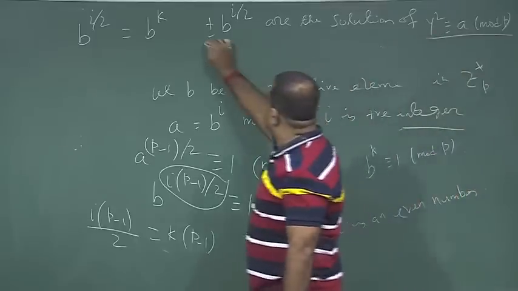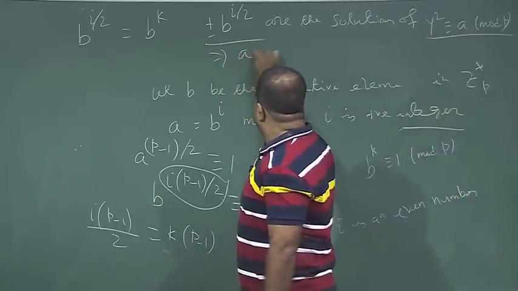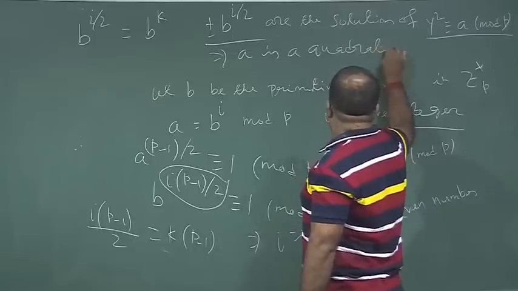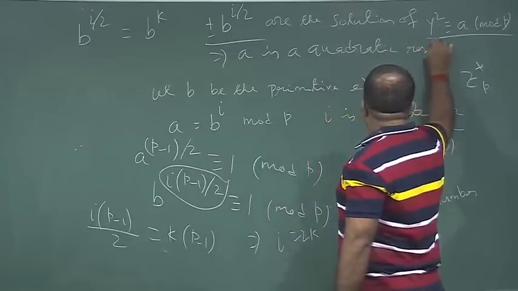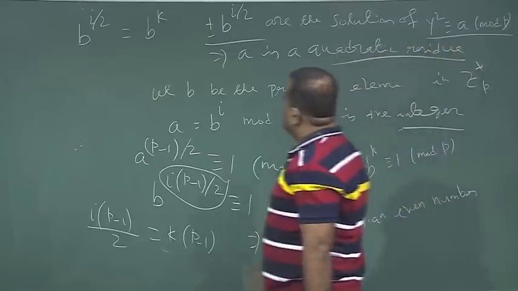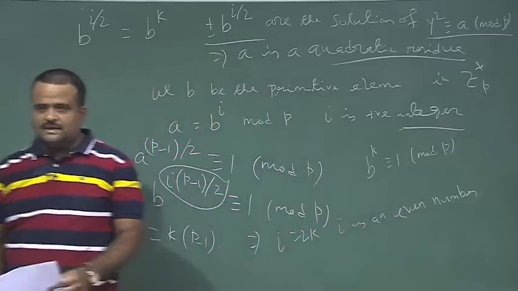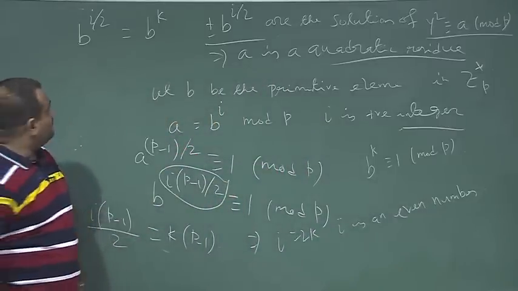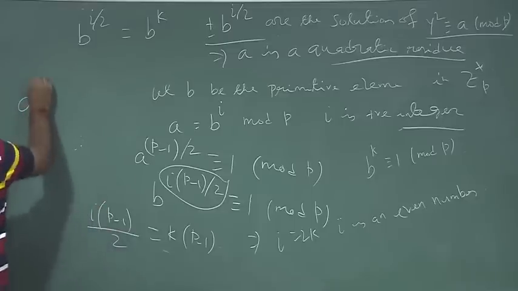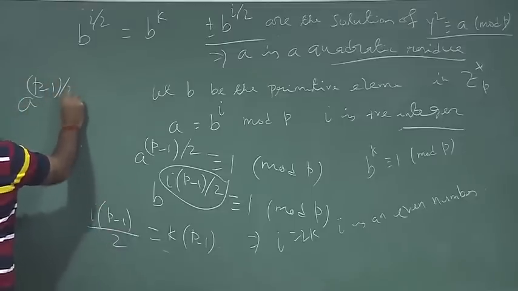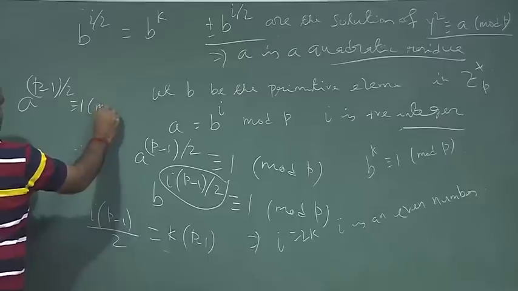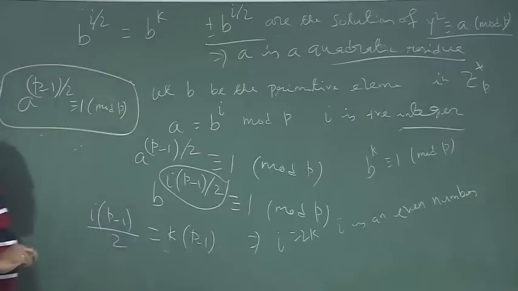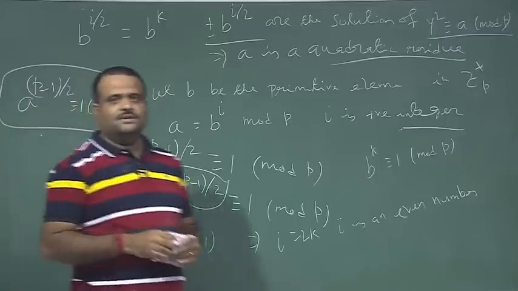So, it has a solution. This implies A is a quadratic residue. That is it. So, this is the condition to check whether an integer A is a quadratic residue or not: a to the power (p minus 1) by 2 is congruent to 1 mod p. This is the necessary and sufficient condition. Thank you.